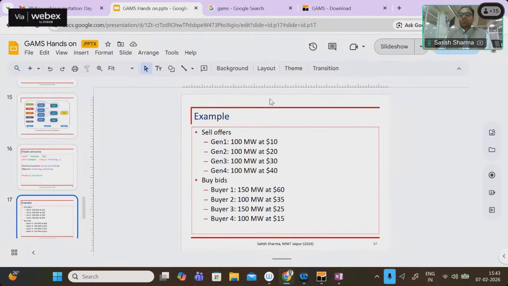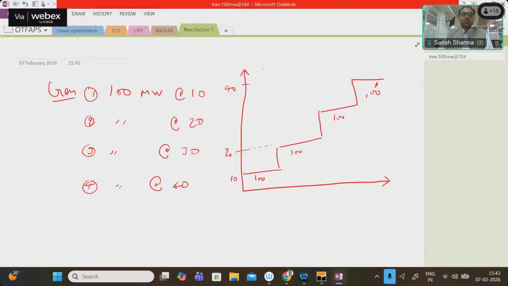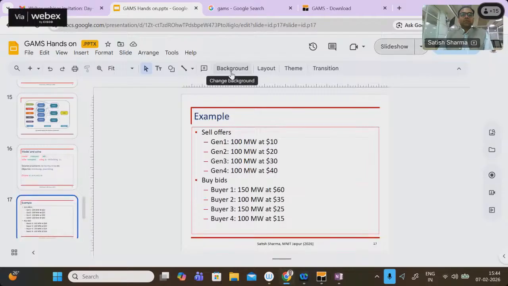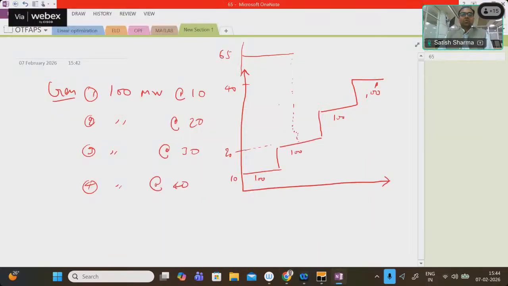So first is 150 megawatt at 60. So 60 will be somewhere here, but that is 150 megawatt, so 150 megawatt is basically the mid of this particular line. So this is starting from 65. Then we have 100 megawatt at 35.